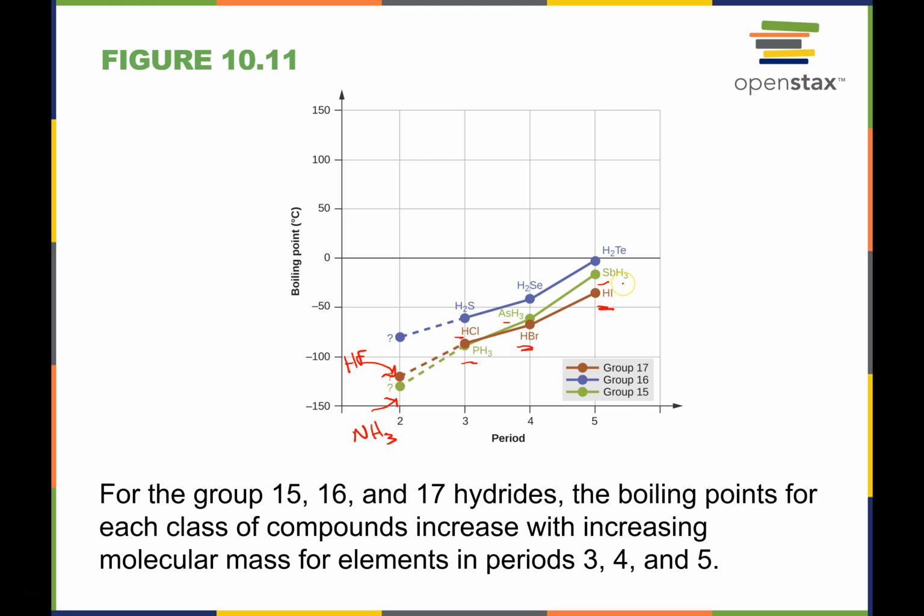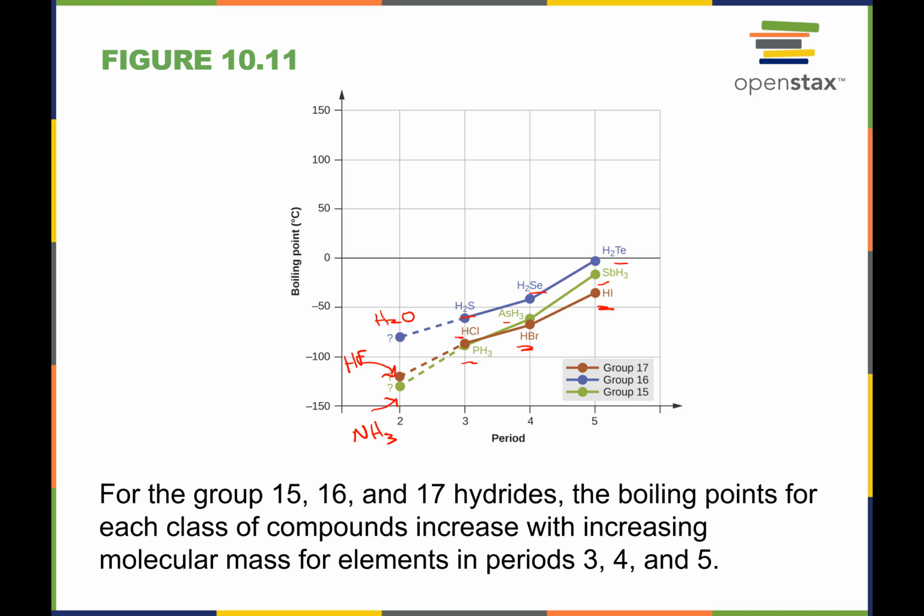And then this guy, if you find the Te, this is the one we talked about before. Te going up, 6A, Se going up, sulfur, and then this would be oxygen, so H2O. So the downward trend we see for these three has to do with decreasing molecular weight.